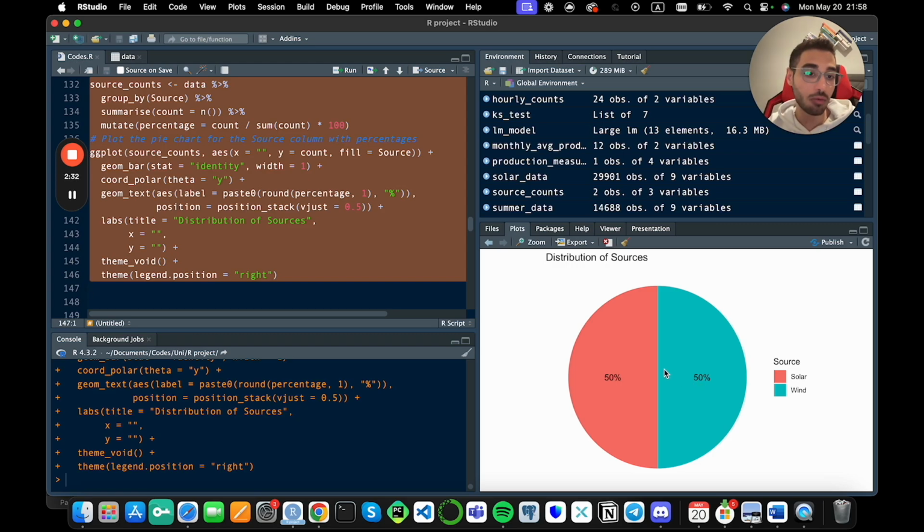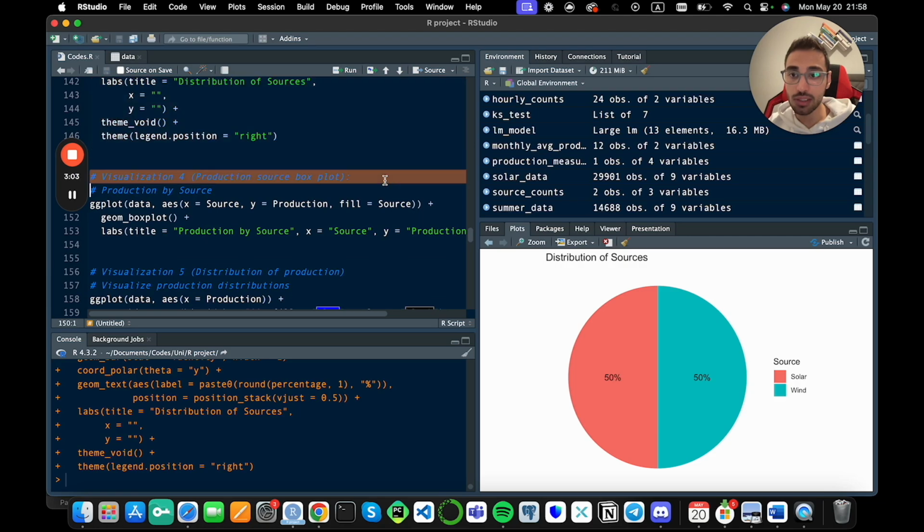If we had maybe 9% of wind energy, it would not be good, and we couldn't conclude reliable things from our data. But we have equal solar and wind production data. So it is another good thing about the data, and it makes it more reliable for us and makes the bias less.